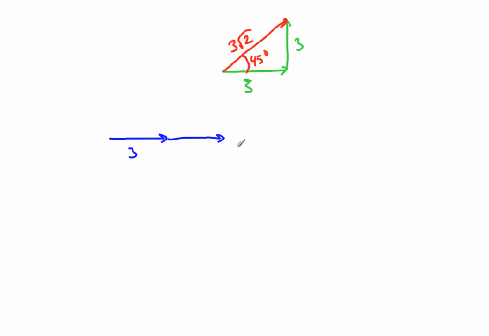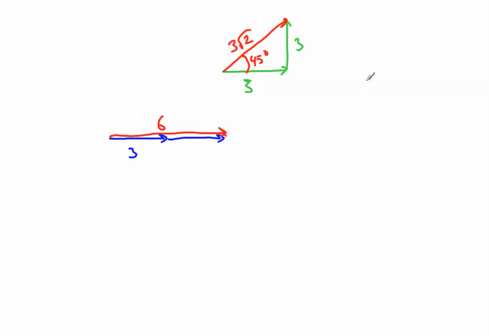Then to find my total displacement, or to represent it at least, I can make a connection between the tail of the first and the head of the second, like that. And that is a vector that represents a 6 meter displacement.